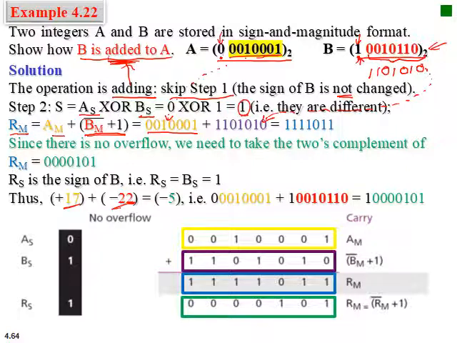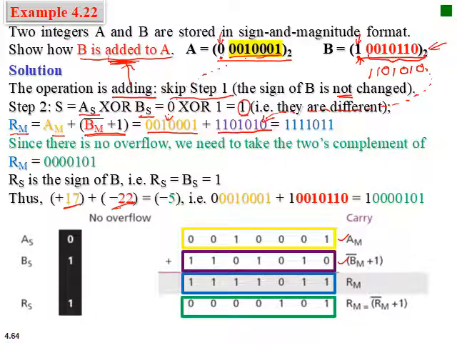Now we do a simple addition between these two numbers, and I'll quickly show you. Here's the magnitude of A, the yellow one, and the already calculated 2's complement of B, exactly those two numbers.